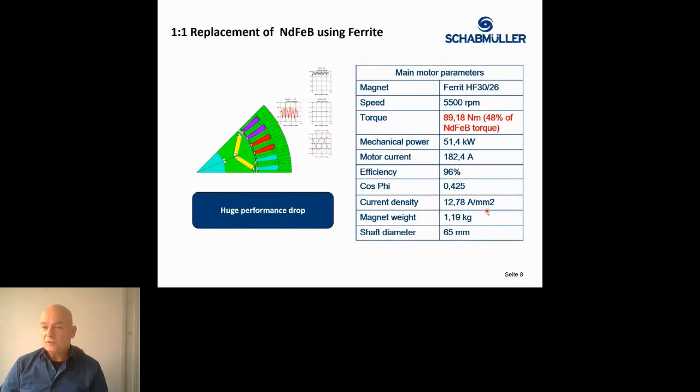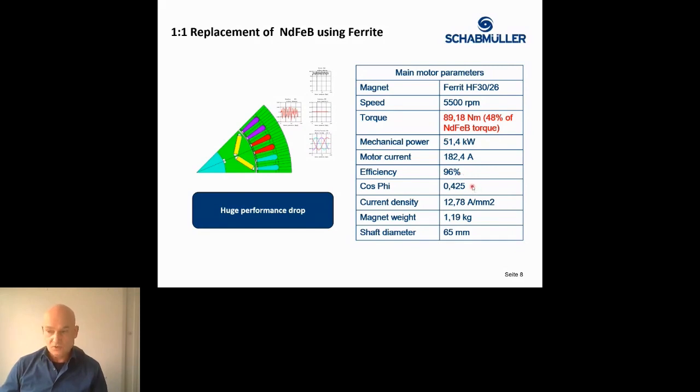So if we just try a one-to-one replacement of the rare earth magnet material using a ferrite material of a certain type, just put some ferrite material instead of the rare earth magnet, the same amount of ferrite material into the machine, one can see that the torque is going down by about 50%. So does the mechanical power output, at the same motor current. The efficiency of the machine is still good.